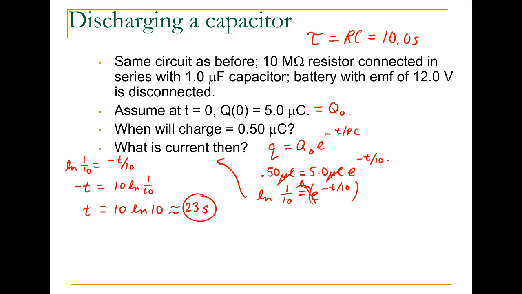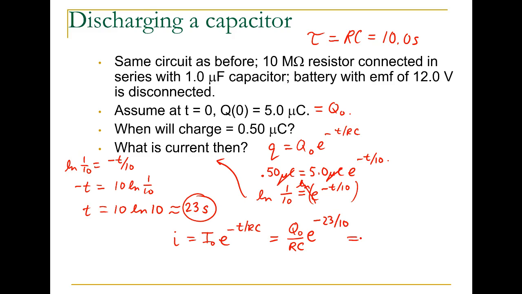So what's the current at that point? Well, we just know that I is equal to I naught e to the minus t over RC, and we're just going to do magnitude, okay? And we can just write this current in terms of I naught, okay? And I naught, if you recall, was equal to Q naught over RC. And then that's going to be times e to the minus 23 tenths.